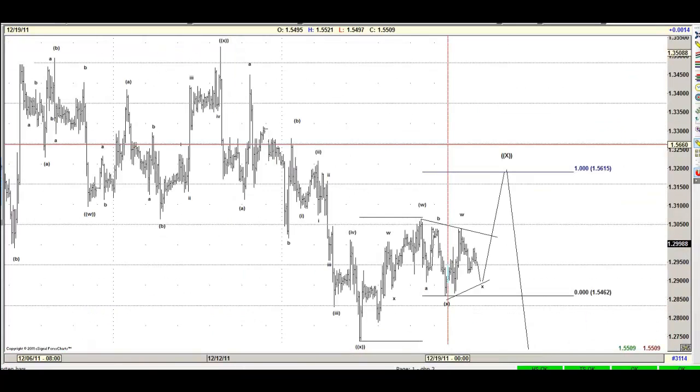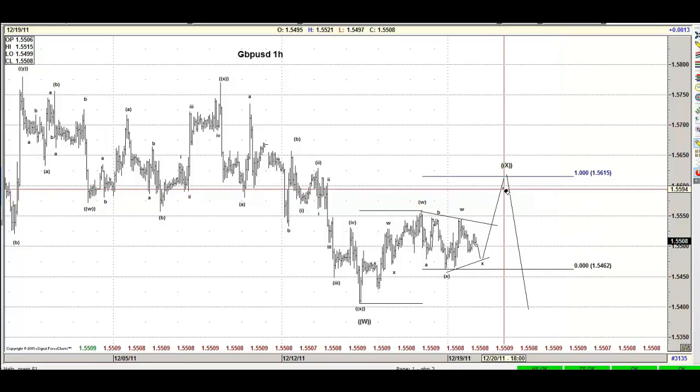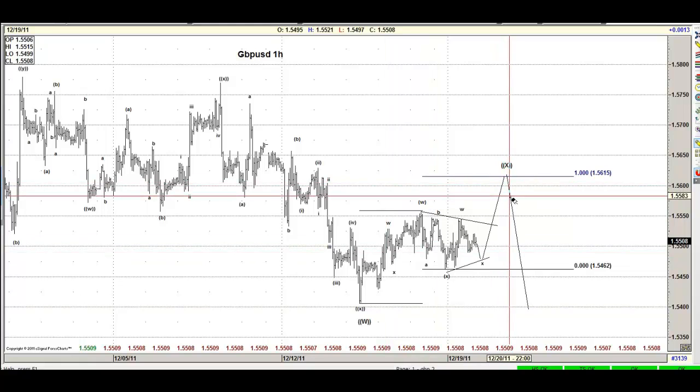Okay, now cable. Let me explain something to you guys. We sent the trade to short cable at 156.15. What happened is that if that trade is going to get filled, it's on the equal legs, and that's if the S&P is going to trade higher in risk tomorrow.